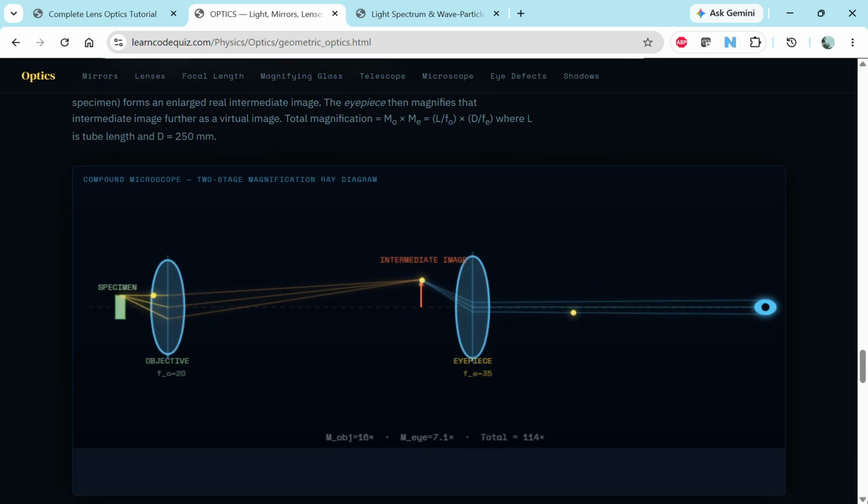Now, the other thing is the microscope, where you are placing the lens very close to the object, and you use the same two lenses to see. So one is acting as an objective, which is very close to the object, and the other as an eyepiece to see the image.